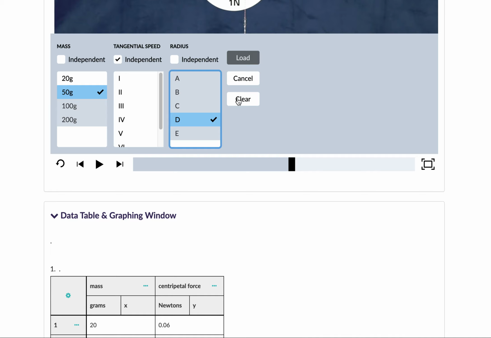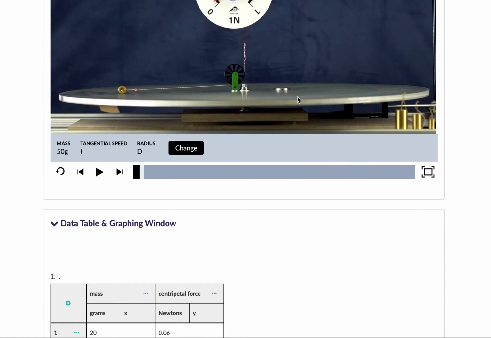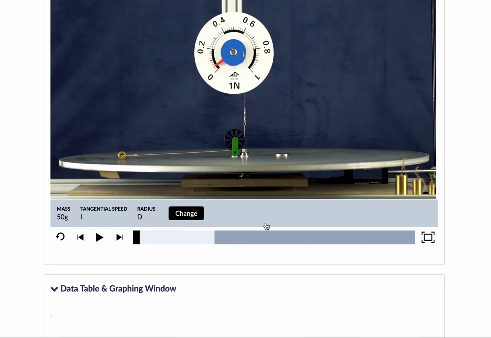Okay, so then I could load the next video, and it's actually not allowing me to load because it looks like 50 grams is not available for that. Oh, it's because I didn't choose my speed. That's why. Load the next video and then start going back through and collecting new measurements.